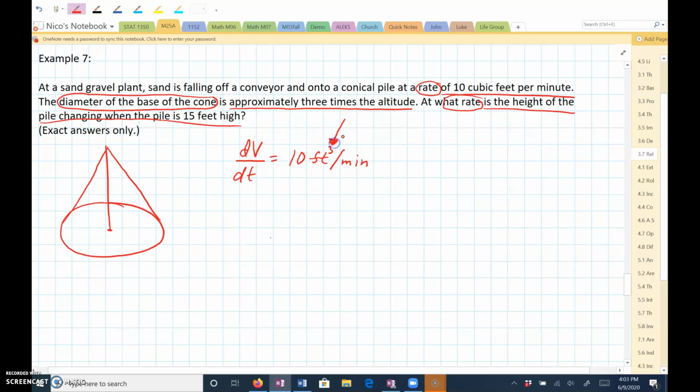The unit here will indicate whether it's volume, area, or distance. If it's squared, it's area. If it's cubed, it's volume. If it's just feet, then it would be the distance.